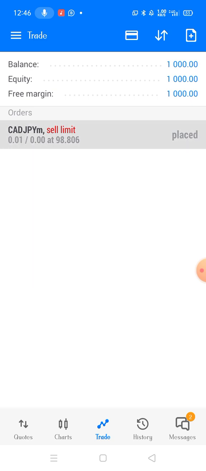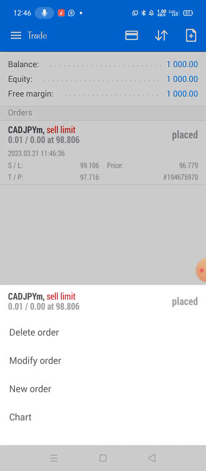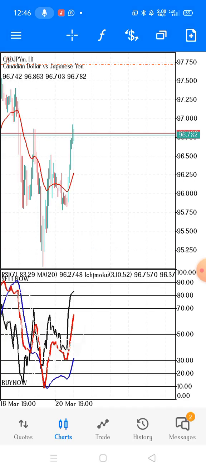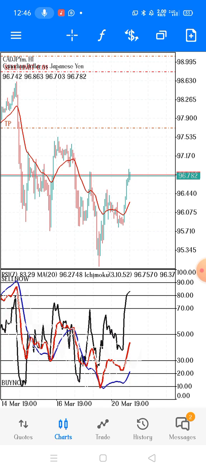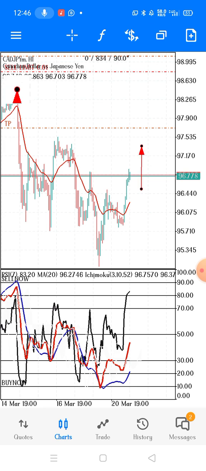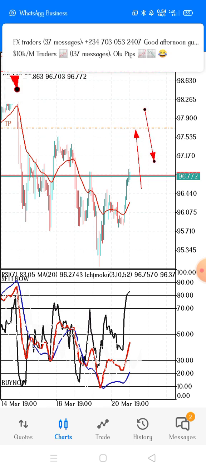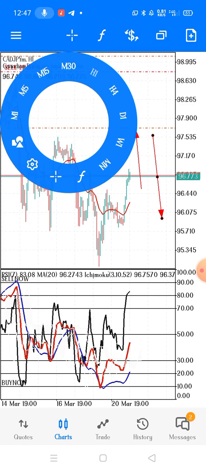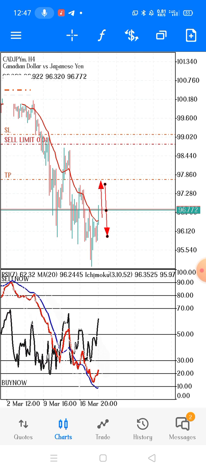Done. So when you set this, if it moves, let's check the chart here. If it moves in your direction, you're waiting for it to come up here, and it hits this place here, then you want it to come down and sell.